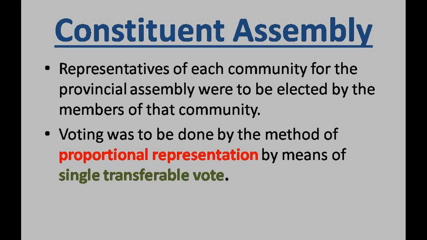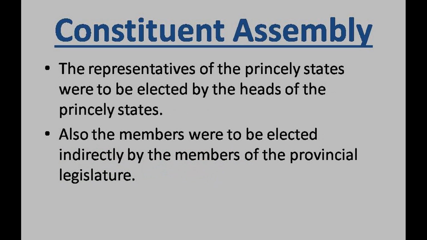Representatives of each community for the provincial assembly were to be elected by the members of that community. Voting was to be done by the method of proportional representation by means of single transferable vote. The representatives of princely states were to be elected by the heads of princely states.